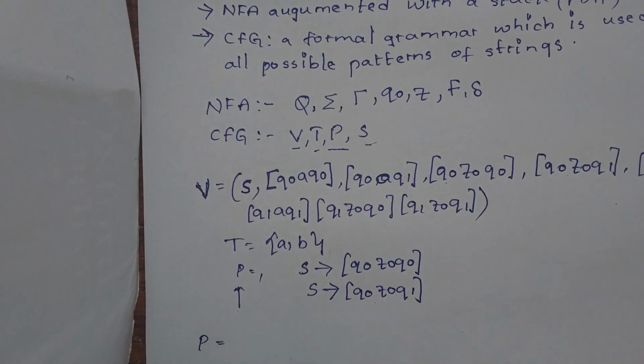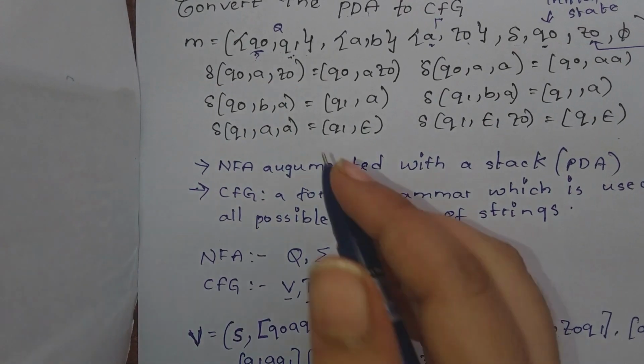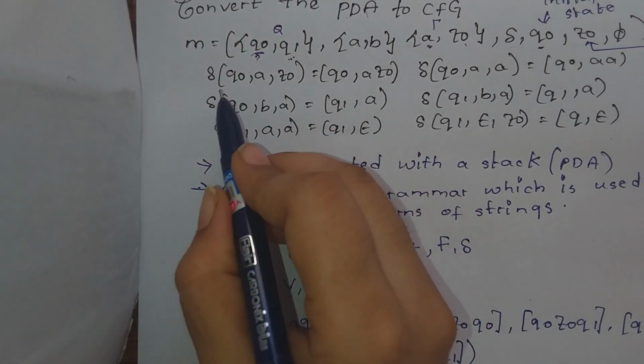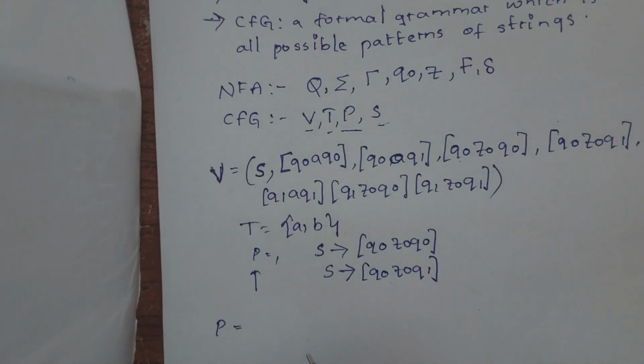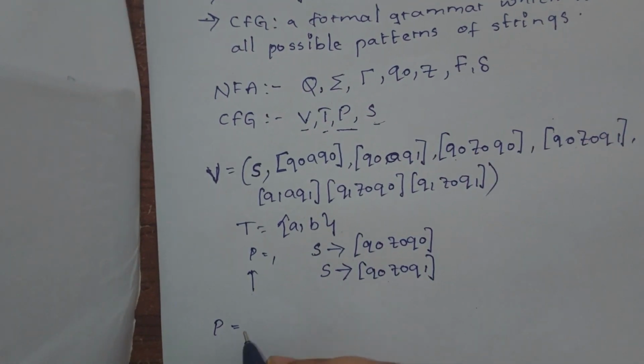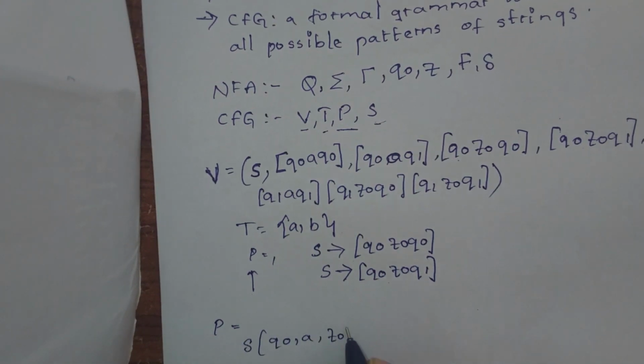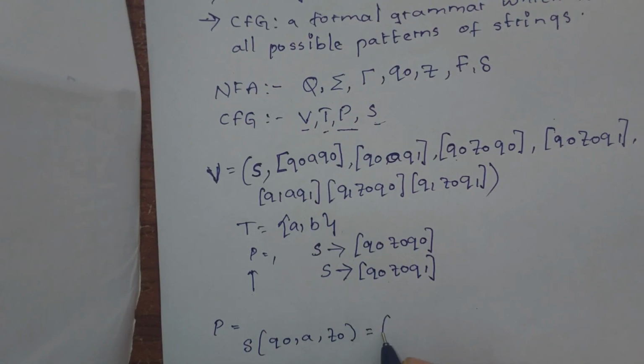For writing production rules, we need to consider all these 6 cases. So this is the first case.